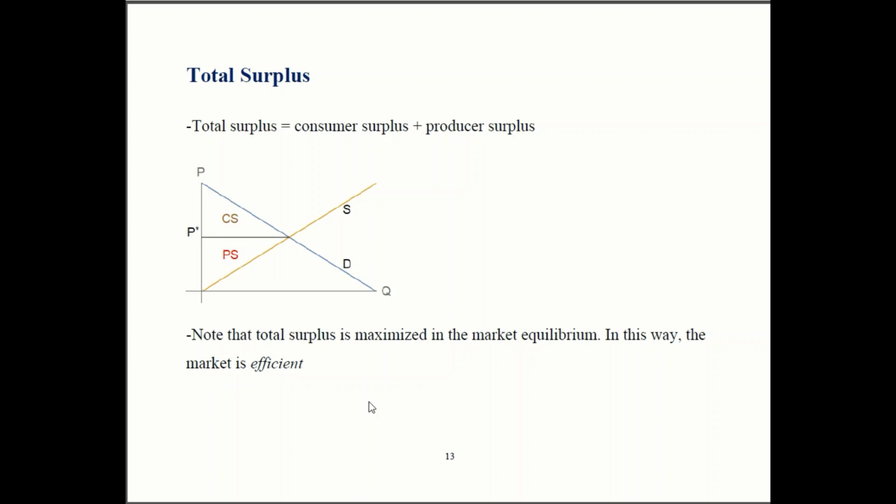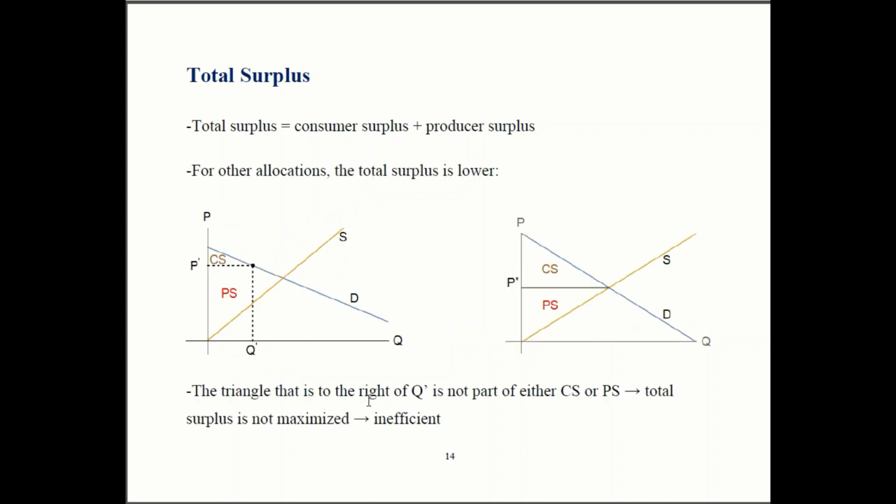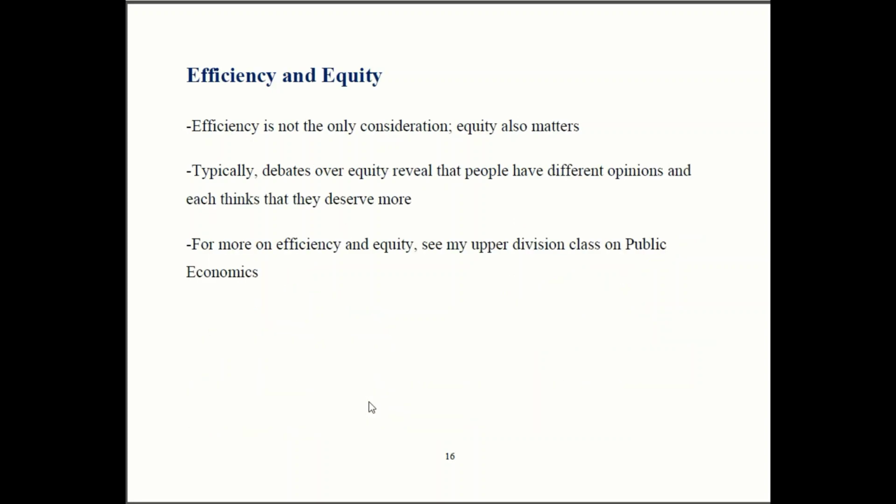Now, to be clear, though, economics is not solely about efficiency. Recall back in Chapter 2, we talked about positive statements, about facts. So things like efficiency would be in the realm of the positive. There's also normative statements, which is about our opinions and values. So there's also some scope to discuss equity and fairness.